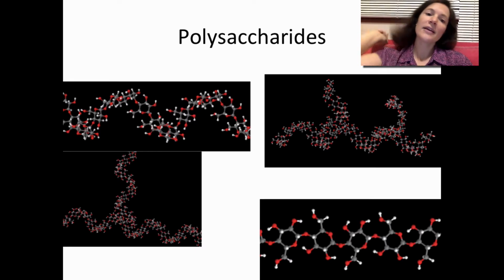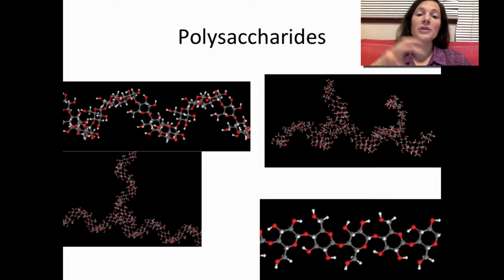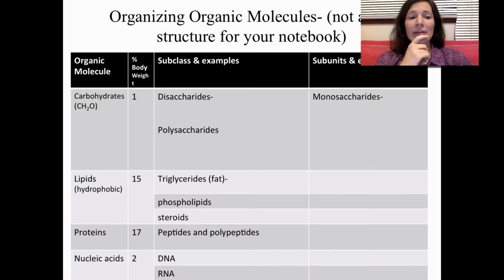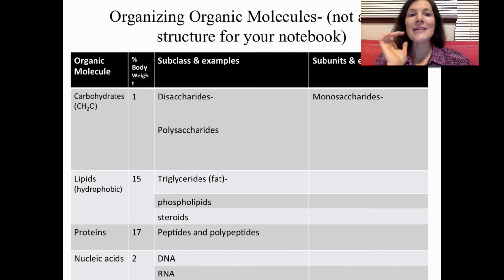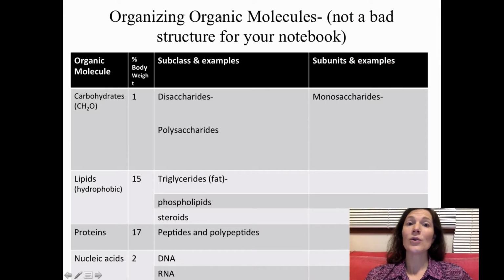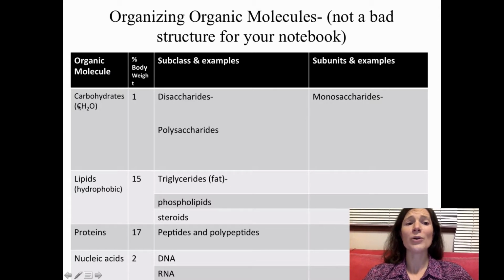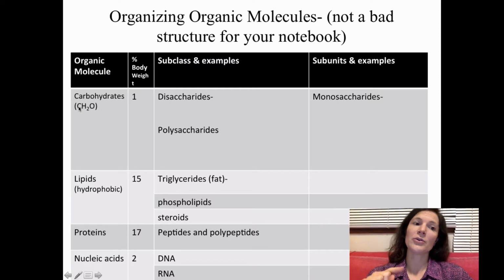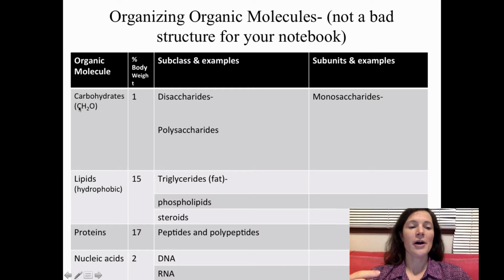So actually, what I would like to do is put some of the molecules that we've been looking at into categories, and this has been a helpful way for me to think about this. When we're organizing organic molecules, it's helpful to notice that organic molecules are molecules with carbon, but specifically molecules with carbon and hydrogen.